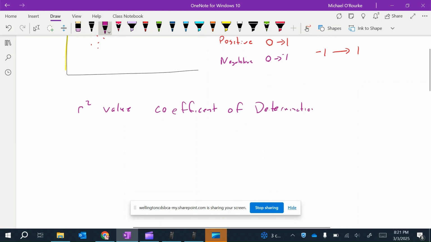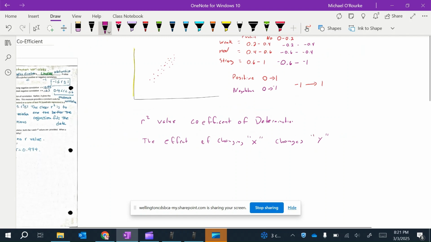So that's telling you the effect of changing X on Y. Okay?